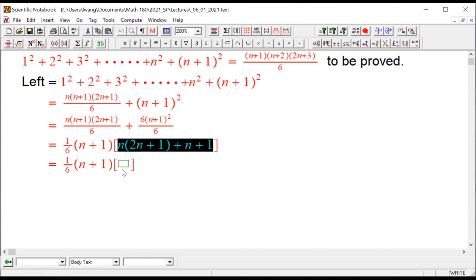And then you're going to expand. So 2n squared plus, you have 1 times n, so 2n squared plus what? There's 1n here plus 2n, right? And then plus 1, is that right? Did I miss something?